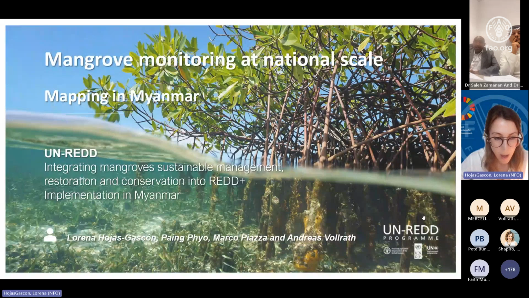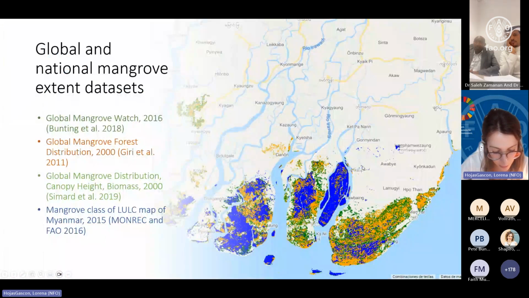Hello, everyone. Now we will address the monitoring of mangroves at national scale, as we did in Myanmar under UN-REDD. First, we checked some of the most relevant historical, global, and national mangrove datasets for the country, and saw important differences both in distribution and in area.